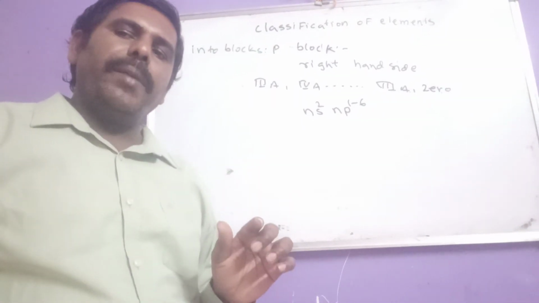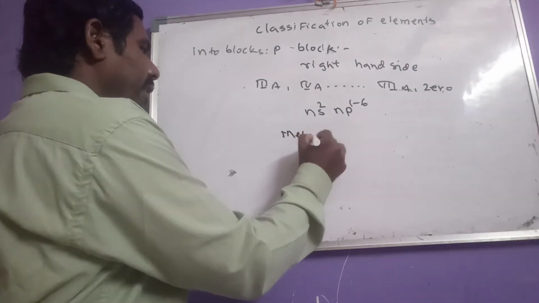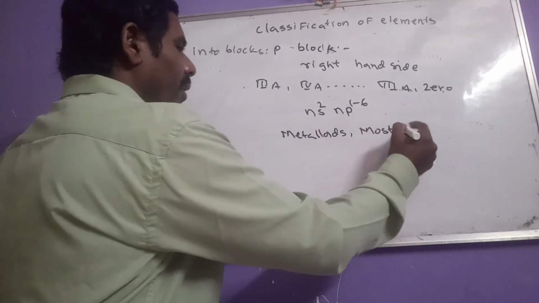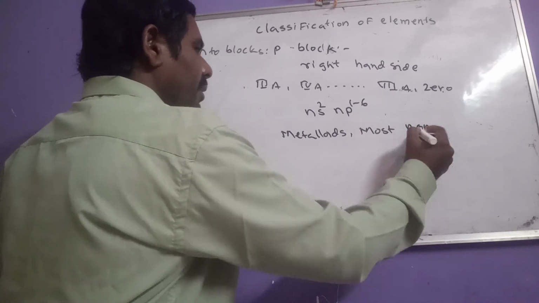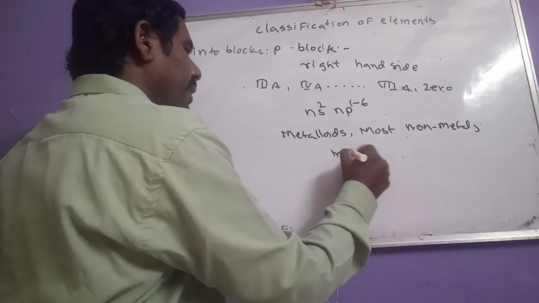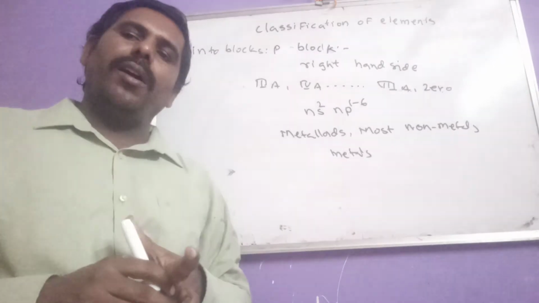And p block elements contain what here? Metalloids are there, and most of them are non-metals, and some metals are also present in p block.